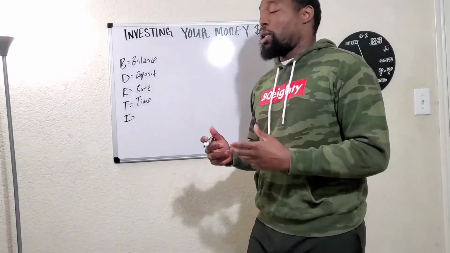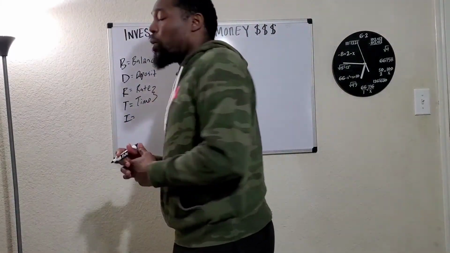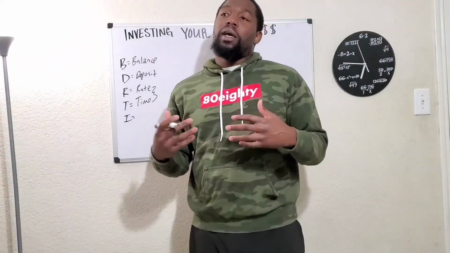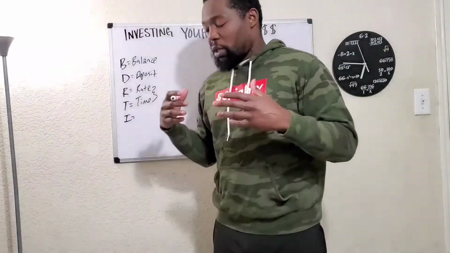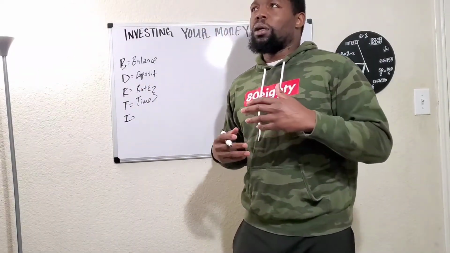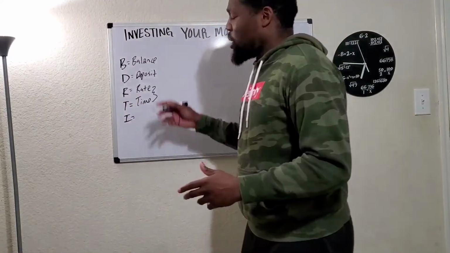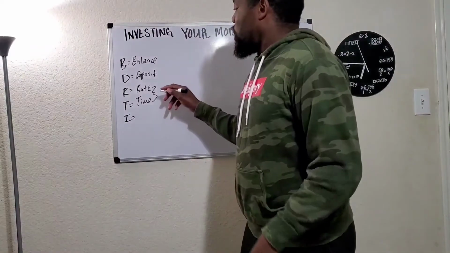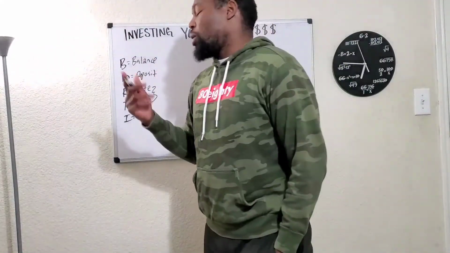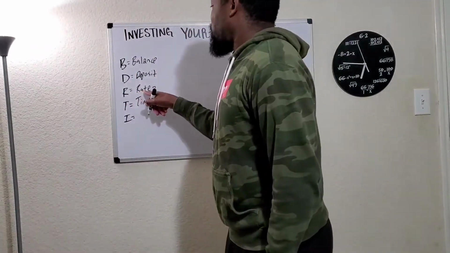Our rate goes hand in hand with our time today, and the reason for that is the units that it has. Just pay attention to what I'm saying, or go back to the last video and you'll see what I'm talking about. So we have our rate and our time.